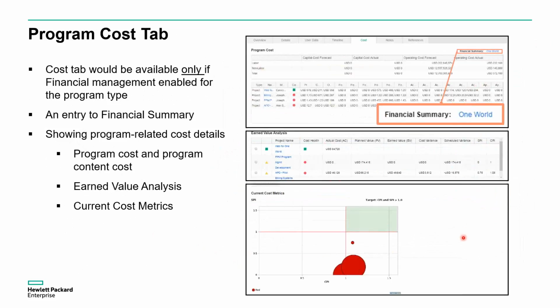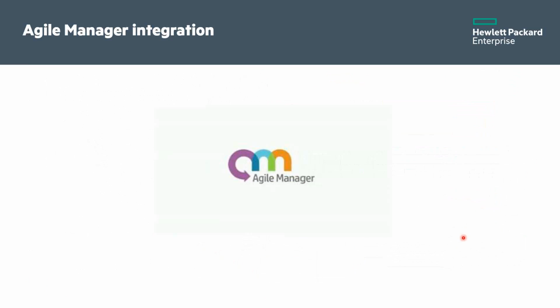So that's really the big changes for programs. And you can see there's a lot of changes in the program area. But we're going to switch gears and go to Agile Management and our integration with Agile Manager for HPE.